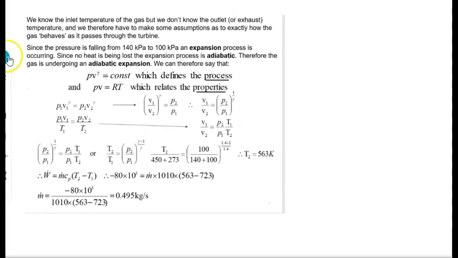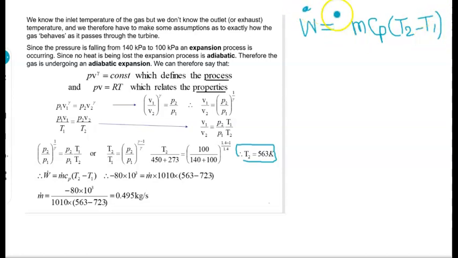Now we got the temperature T2. Once we got the temperature T2, we need to find out the mass flow rate. We got an equation, W dot equals M dot Cp (T2 minus T1).